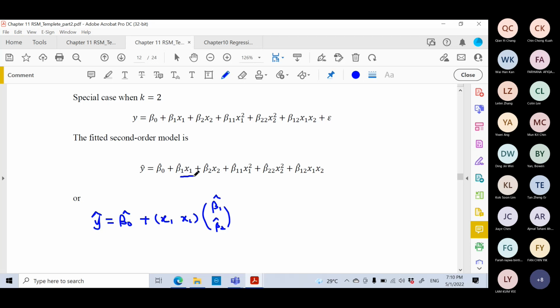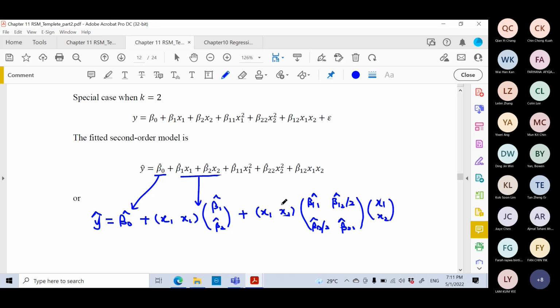Then these two go here, and this one is here. For this part, we can write it as a matrix form.